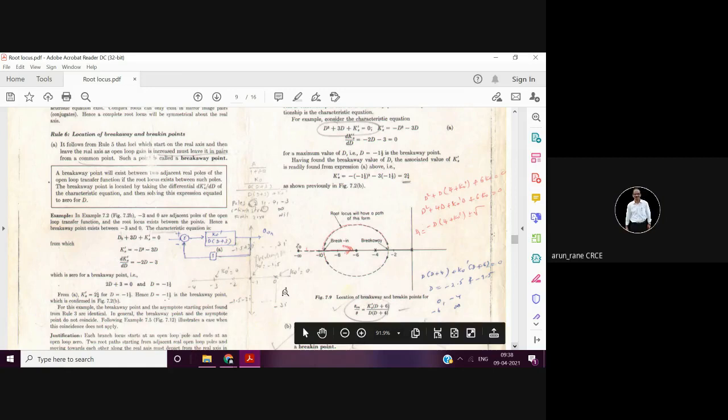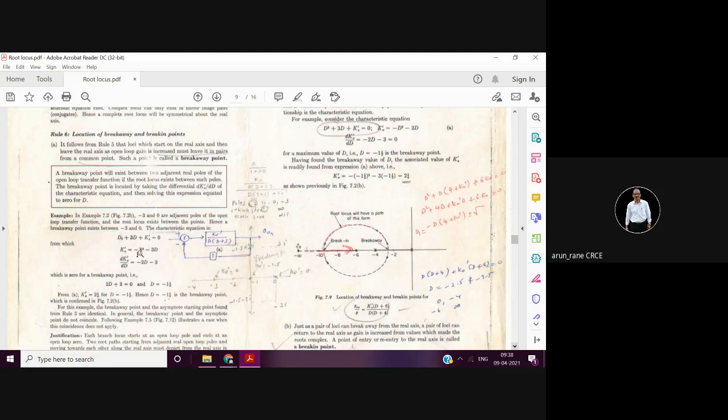So this is the imaginary axis and this is the real axis. We are now marking one pole at 0 and another pole at -3. Now where will it break in? How do we find the break-in and breakaway points? You have this characteristic equation.